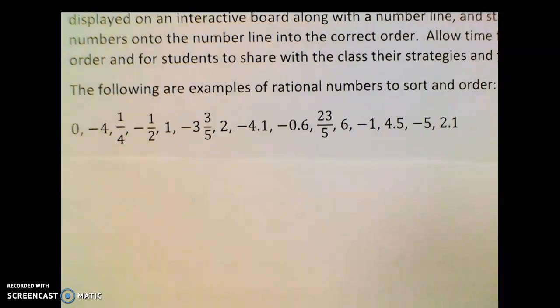So the first thing I need you to do is to grab 15 of the little squares that your teacher should have put near your desk.